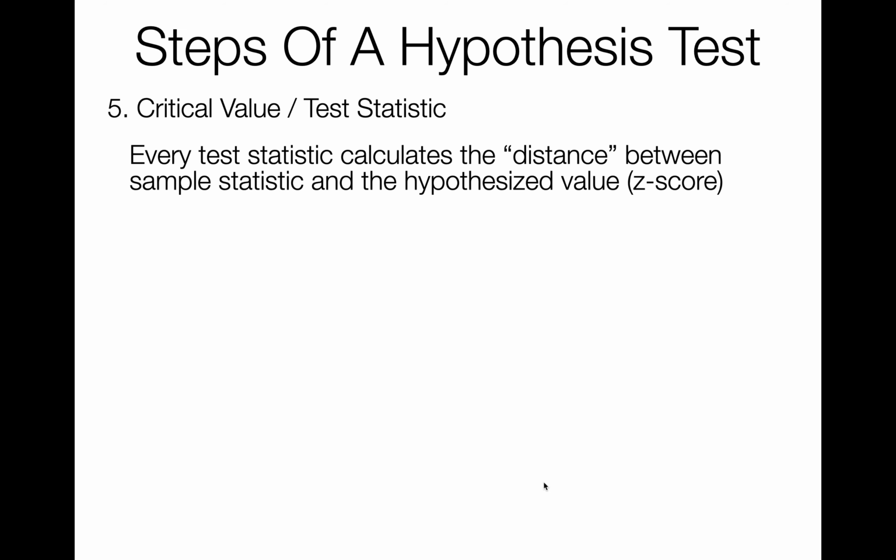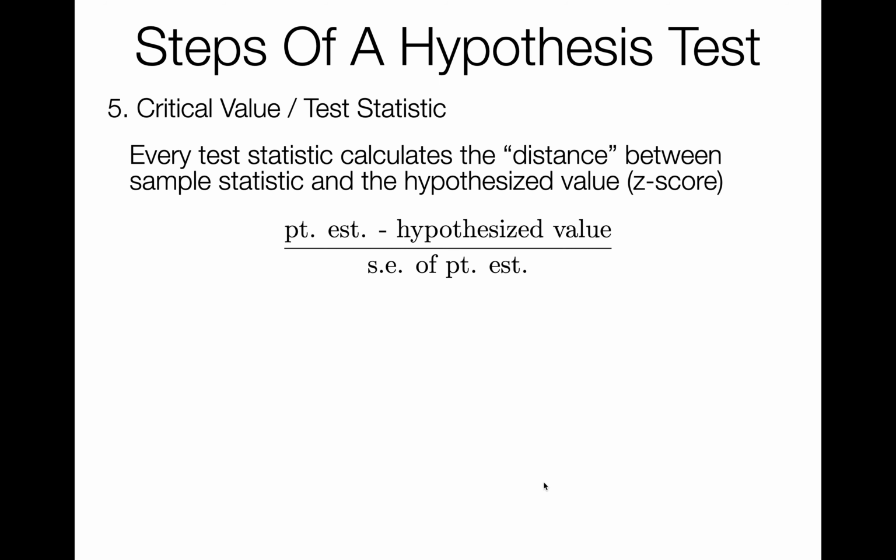All the test statistics are going to be z-scores. I don't know a better way to say that. Every test statistic that we use is just going to be a z-score. And the z-score looks like this. On the left side of my fraction, I have the point estimate.